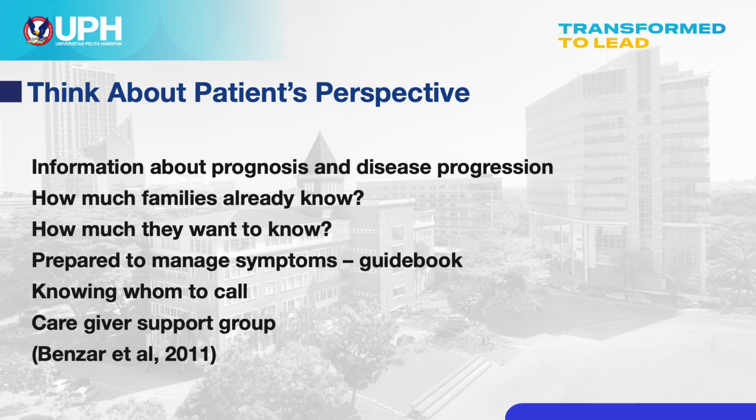We should also tell the family whom to call when the patient is in a critical moment. And caregivers also have their burdens, so we need to provide a support group for caregivers.